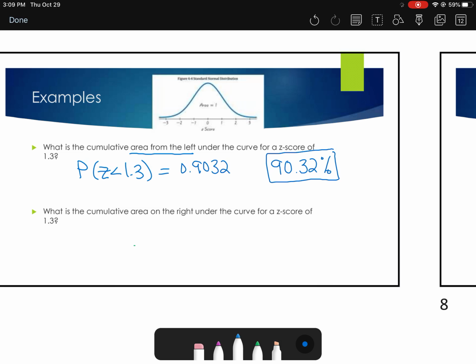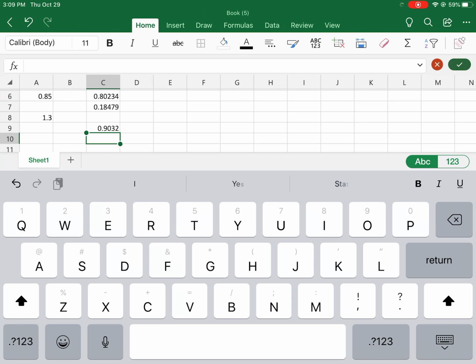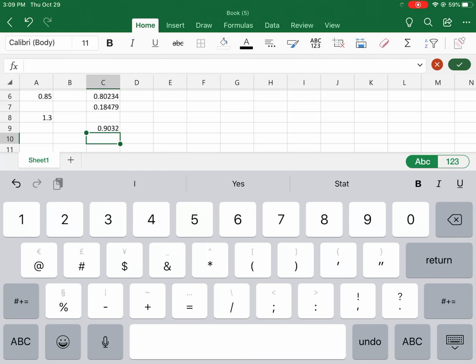Let's see how we do the next one. So what is the cumulative area on the right under the curve for a z-score of 1.3? So this one's saying to the right. So remember, if it's to the right, that's going to be 1 minus the probability it was to the left. Well, let's go in.